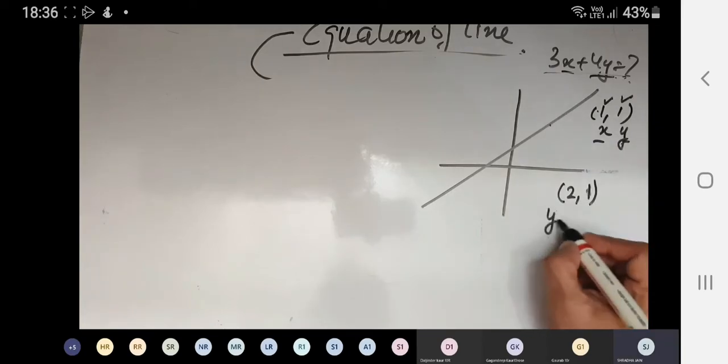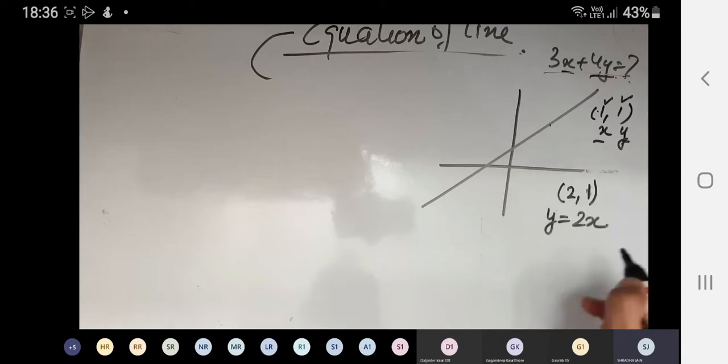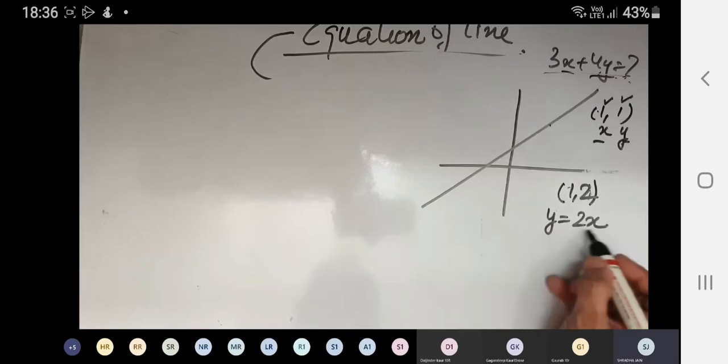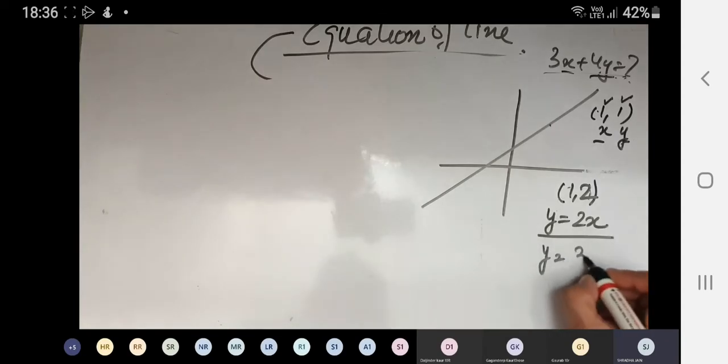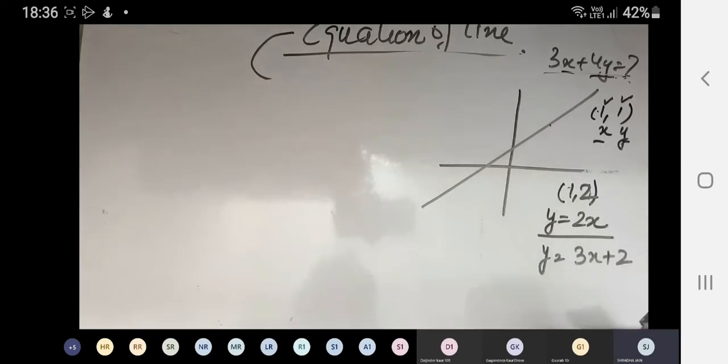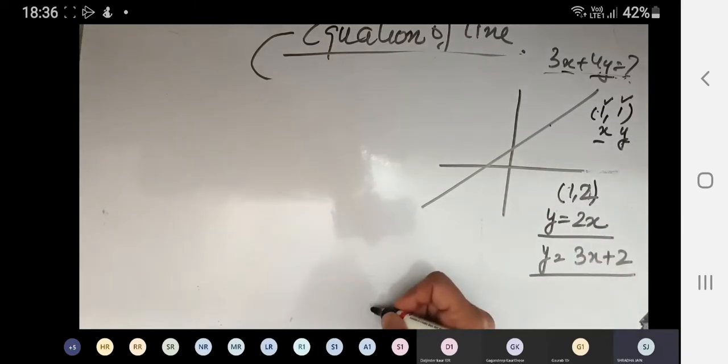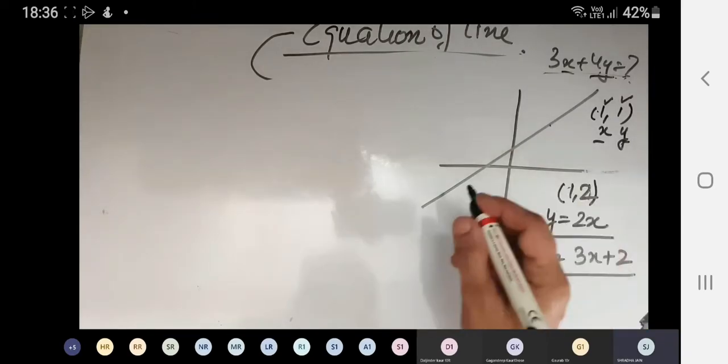So what kind of line will it be? y is equal to 2x. So this is the equation of line. Now if I say y is triple the x and 2 more than it, that is also an equation of line. These all represent different lines. One more term let me explain again, that is the y-intercept and x-intercept.